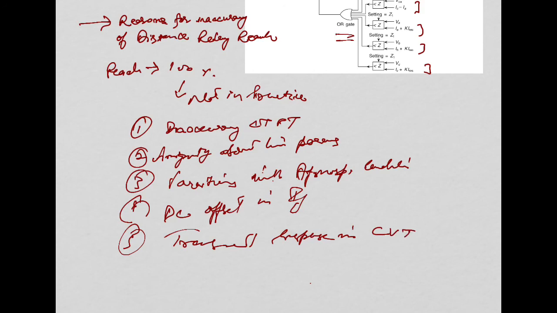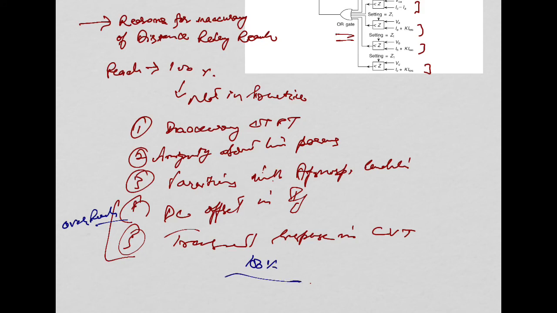So, out of these factors, DC offset and CVT can cause overreach. Other factors may cause error on either side. So there is always the possibility of overreach if the reach of the distance relay is adjusted to 100%.